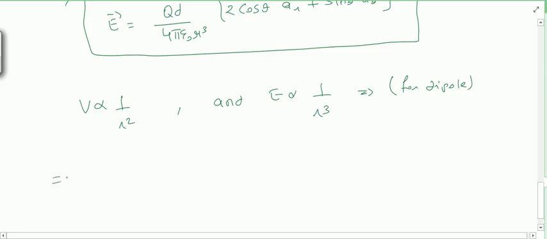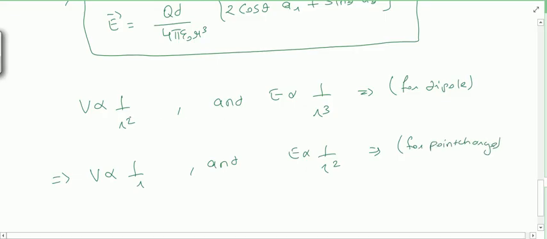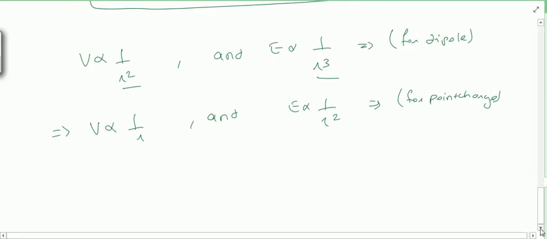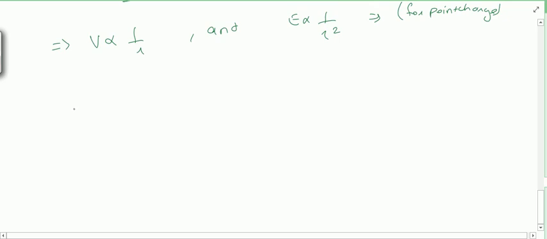And if you remember, for a point charge V is directly proportional to 1 by r and E is directly proportional to 1 by r square. So what you can conclude from this is that for a dipole the potential and electric field decrease faster.